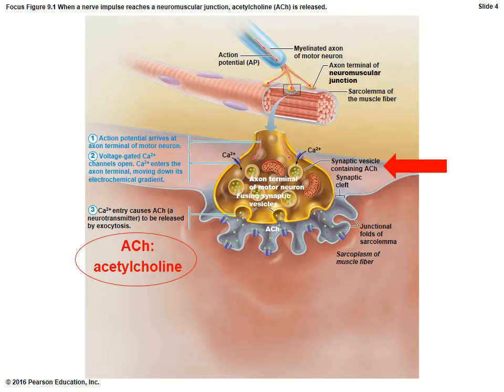The content in this case is the neurotransmitter acetylcholine. Now, acetylcholine will leave the axon and start to travel towards the junctional folds that you find within the sarcolemma, which are the curved bottoms, and it's looking for its particular receptor so it can bind with it.